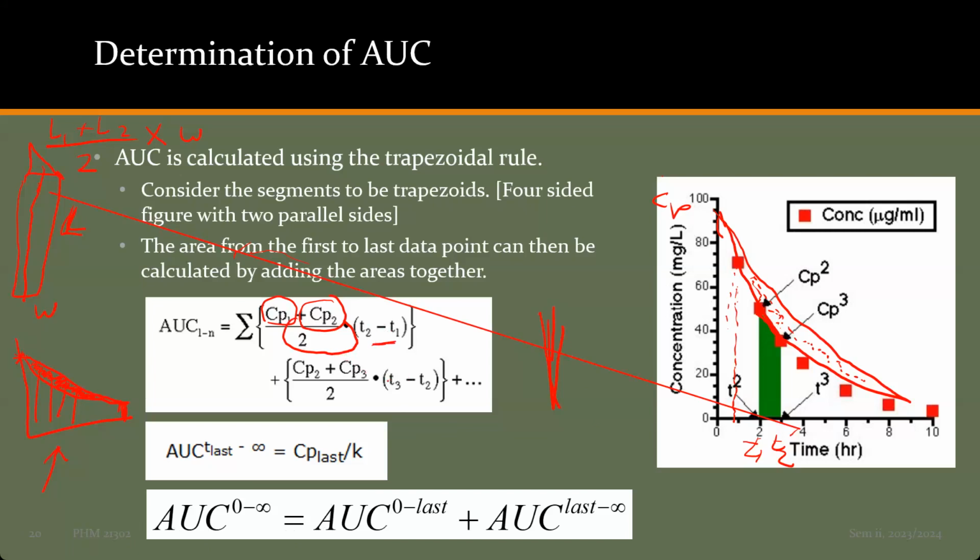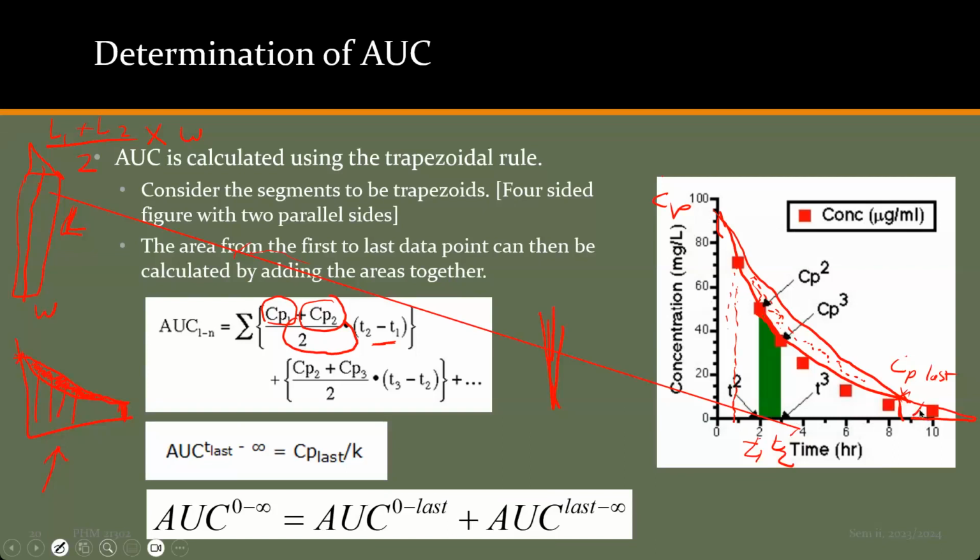So you calculate for each trapezoid the area, and then you add them together, then you get the sum. Okay, so if you use this value, you will calculate up till the last measured concentration in your data, CP last. So how about the triangle till infinity, the remaining triangle till infinity?